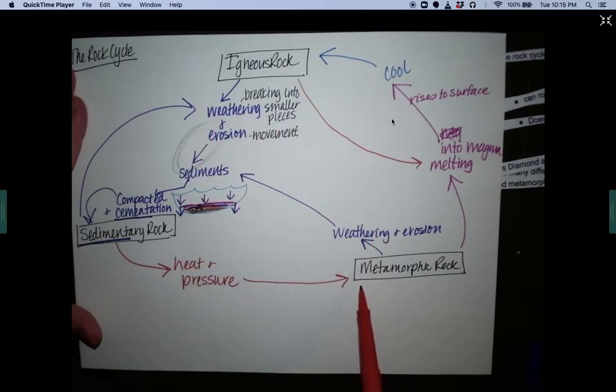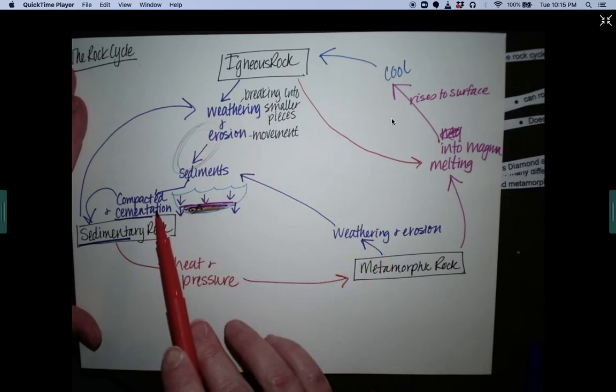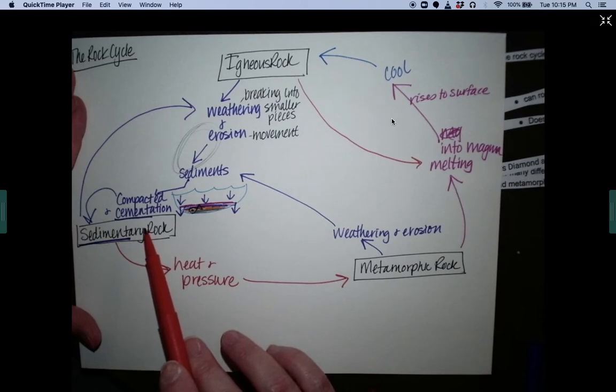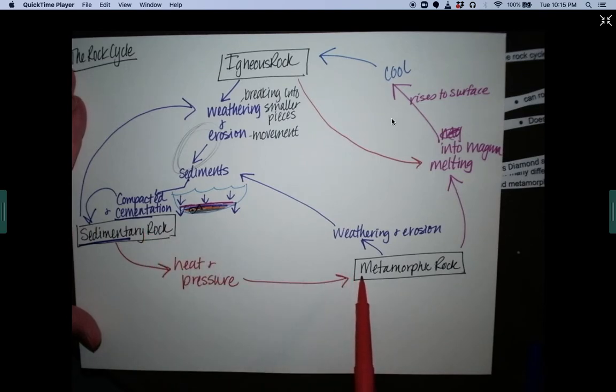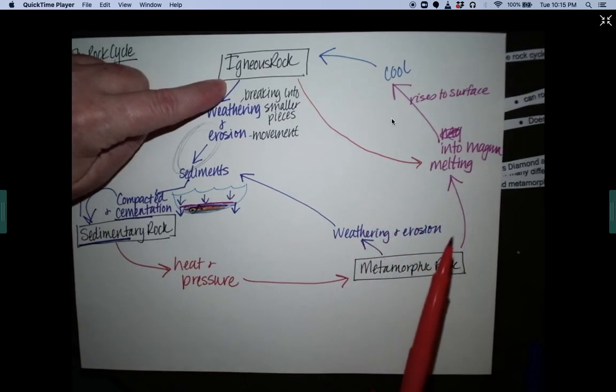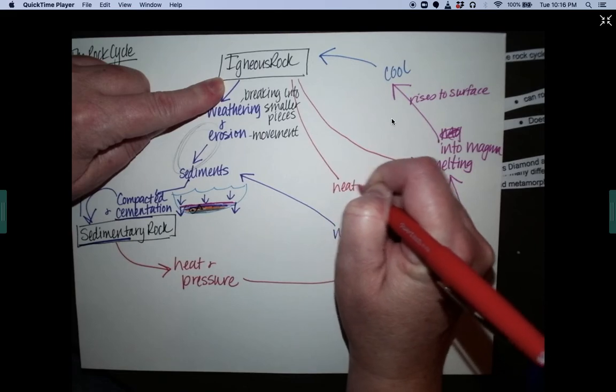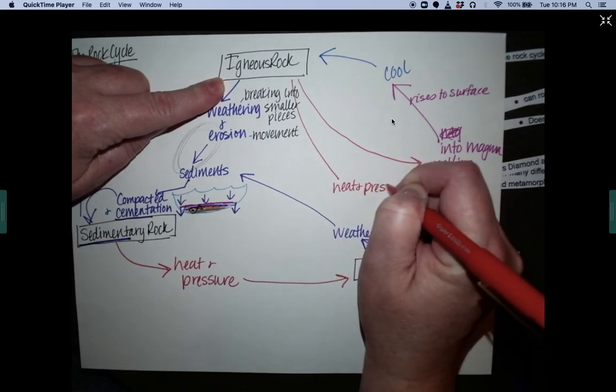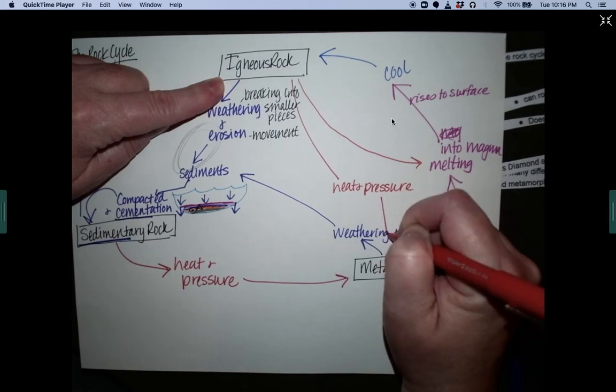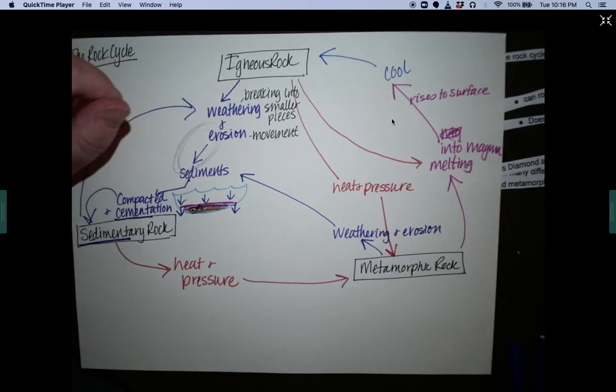You can have a metamorphic rock weather and erode and become a sedimentary rock. You can have a metamorphic rock just stay a metamorphic rock, okay? Igneous rock can also have heat and pressure applied to it, and it can become a metamorphic rock, okay?